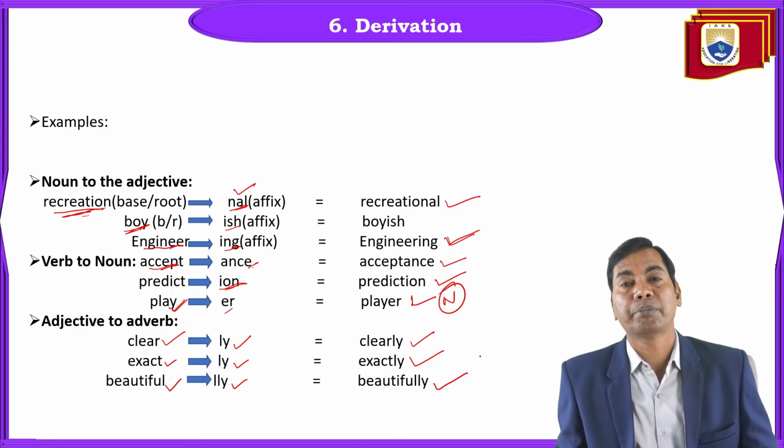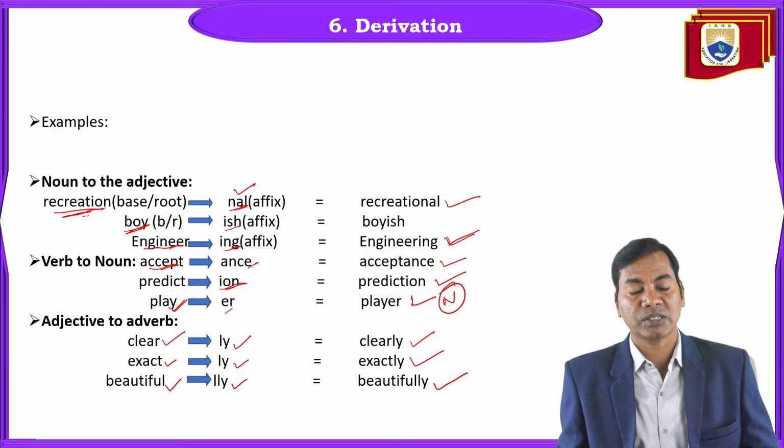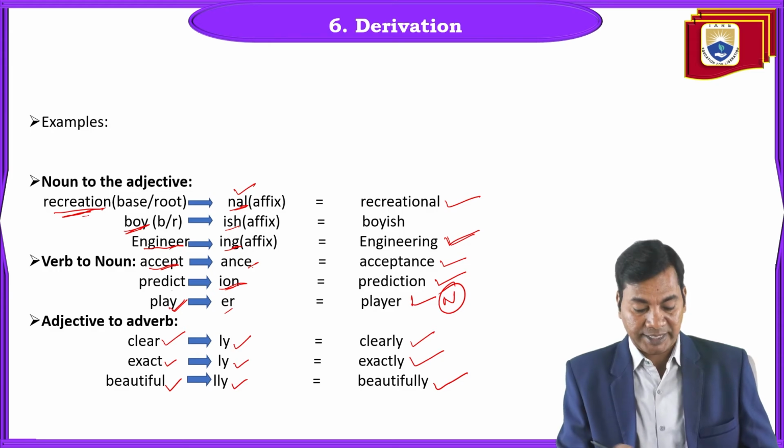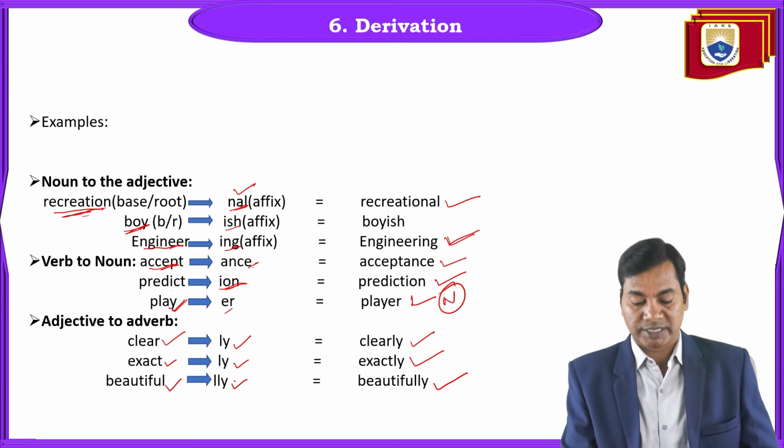She played beautifully. So our classmate Miss Aruna sang beautifully, because once she was a great singer, right? So beautifully has been derived from the adjective beautiful by adding ly to that.